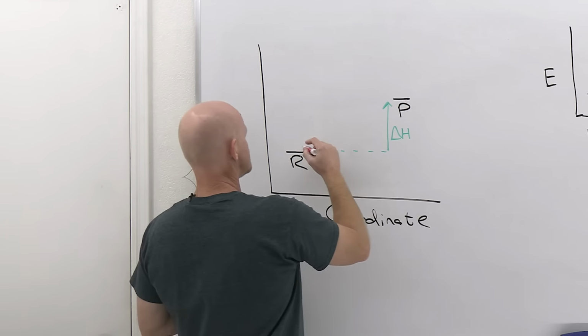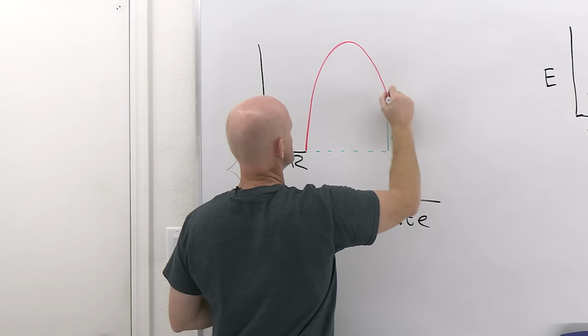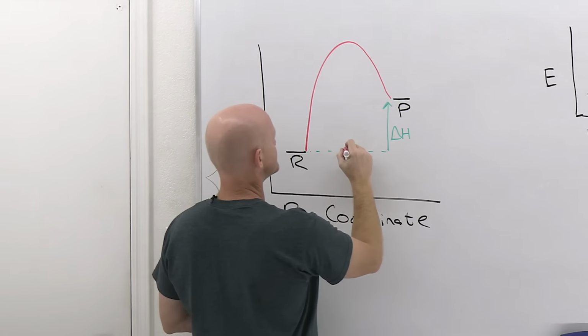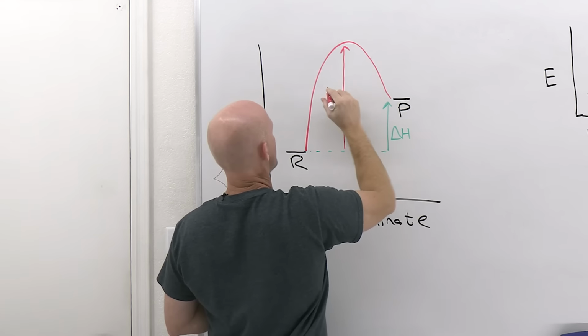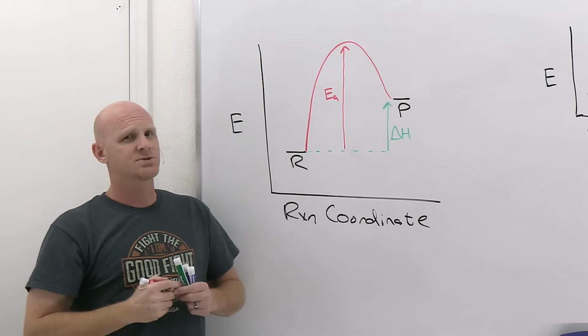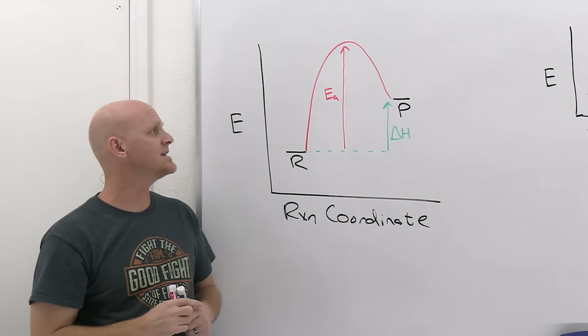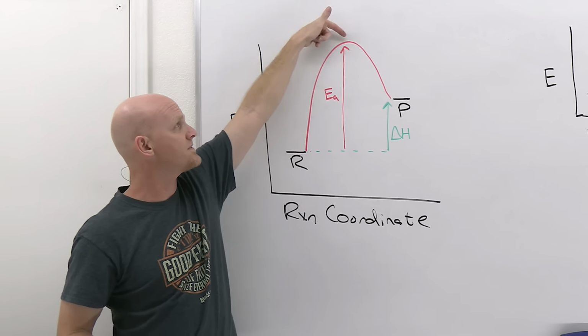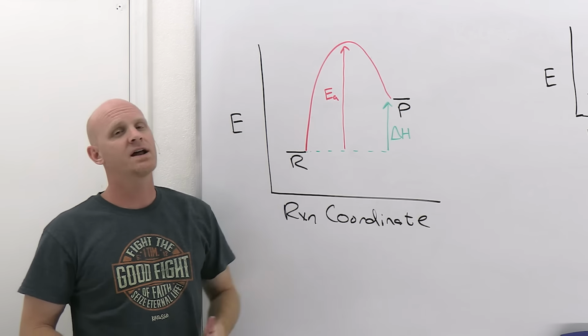All right, once again, let's put our hill there. And again, from where you start to the top of the hill, that is your activation energy. And it turns out a couple other things we can identify here. You've got reactant here, you've got product here. Well, at the top of the hill is kind of your commitment point.